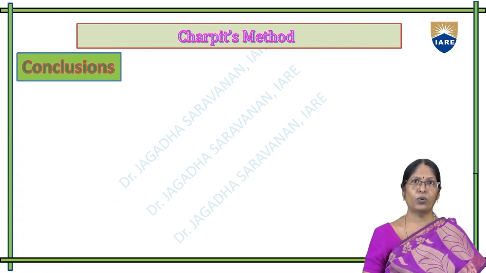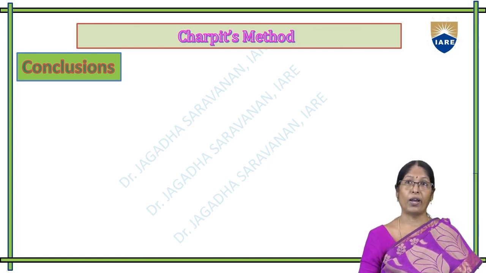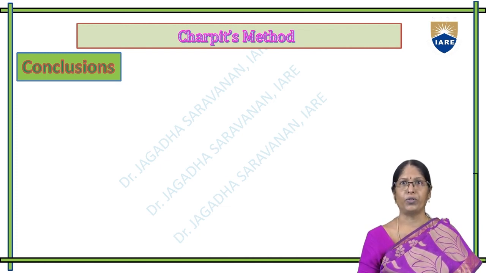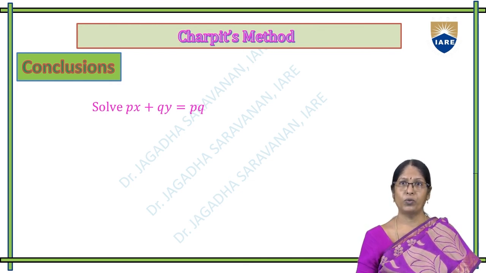So we will come to the conclusion of this Charpit's method. The Charpit method is used to find the complete integral of nonlinear differential equations, for which first we have taken px plus qy equal to pq. What are the terms required to substitute in the Charpit formula? First, we found them. Afterwards, we did the substitution. After substituting, our aim is to find the values of p and q.